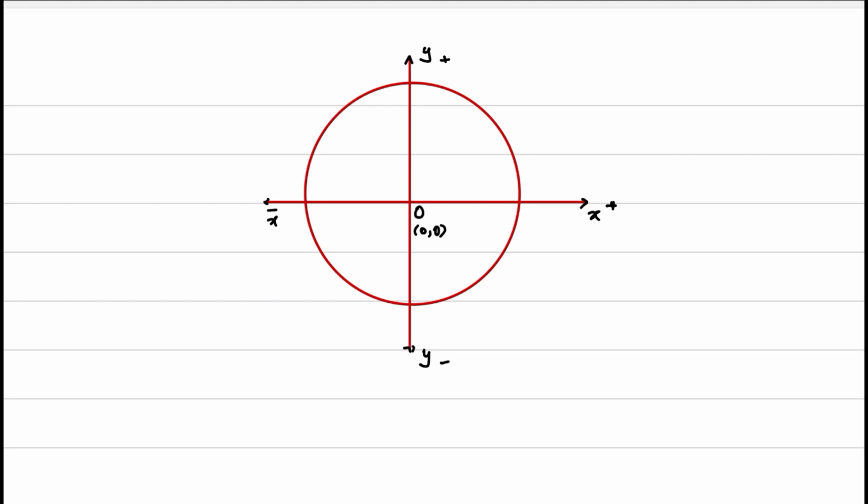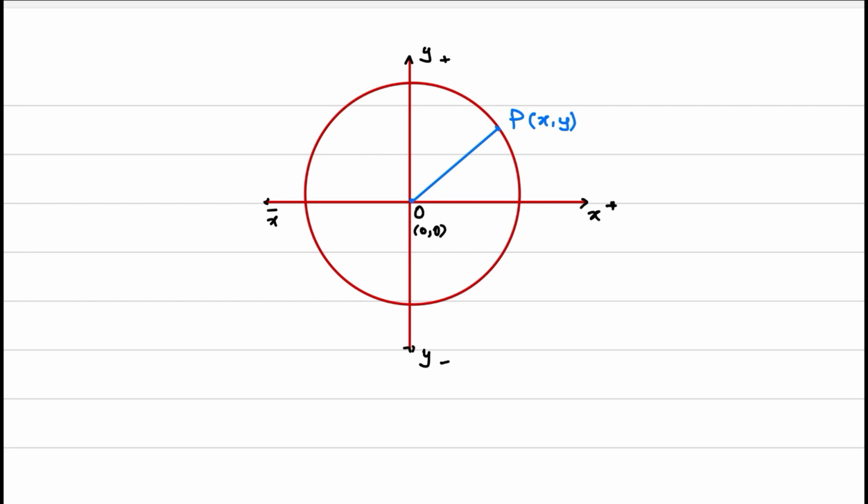Now, we will draw a line from center to a point P. Try to understand this concept. And this point P will have coordinates x and y. They are variables. That means they vary.